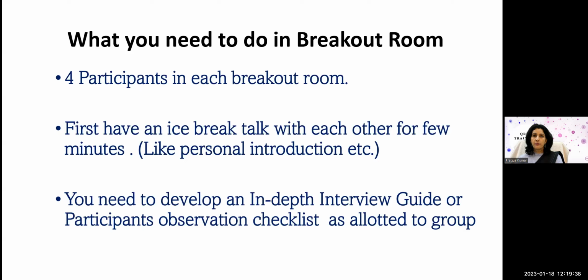Among the 4, please decide one group leader, one record keeper, and one timekeeper. The proposed time for this activity is 20 minutes. First, have an ice-breaking talk with each other, and then develop an interview guide or a participant observation checklist.